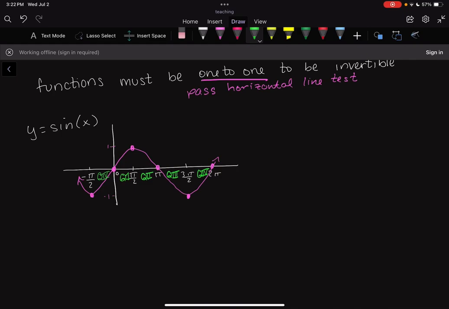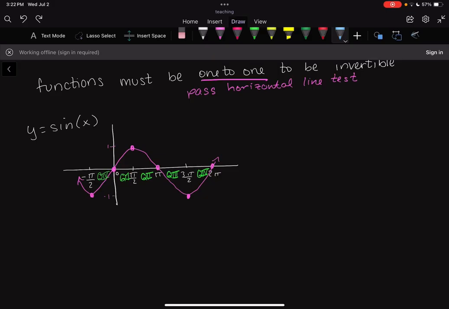So the issue is that right now, sine is not one-to-one. I can put a horizontal line and touch more than one point at a time, so not one-to-one. However, we can do something called restricting the domain, which means we say, what if we restrict our x values to a certain interval?